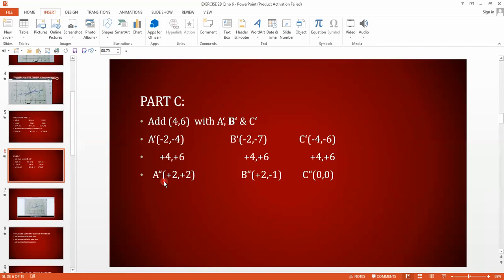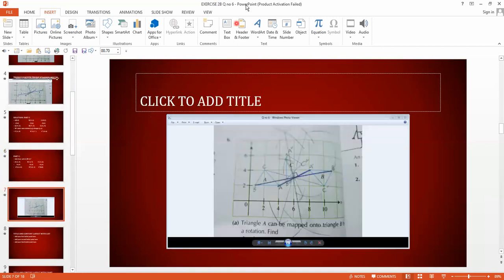First one is for A, we have +2 and +2, this one the first. Next one is +2 and -1, and then 0 and 0. So I have to draw a triangle. First ordered pair is +2 and +2: on the x-axis +2 and y-axis +2.